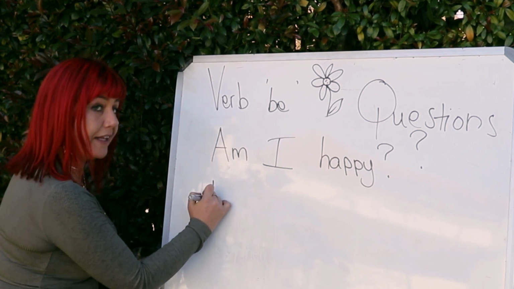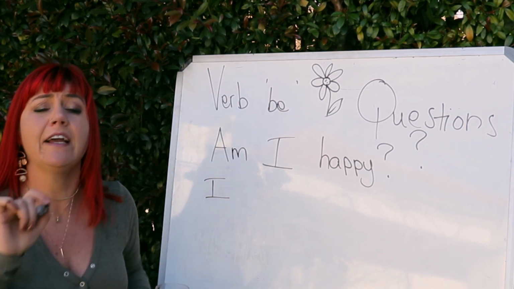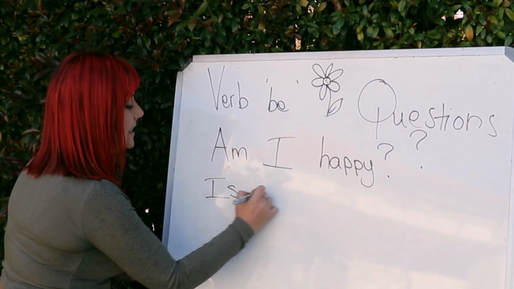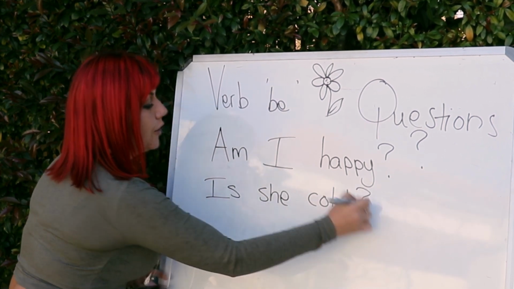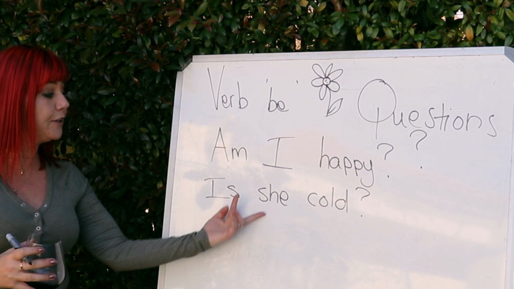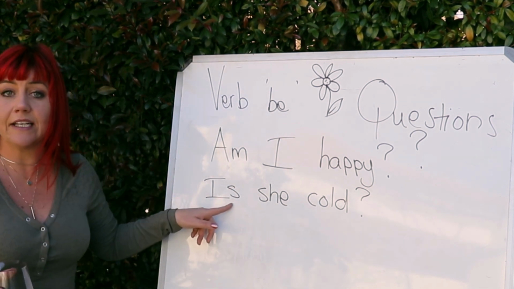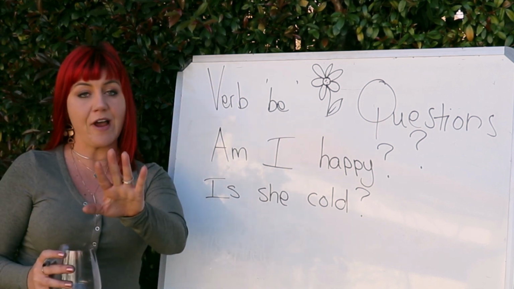We're going to start with is. So, is she cold? All we did was change it over. We're not asking it in the negative. It will always be in the positive, and we do not contract it.